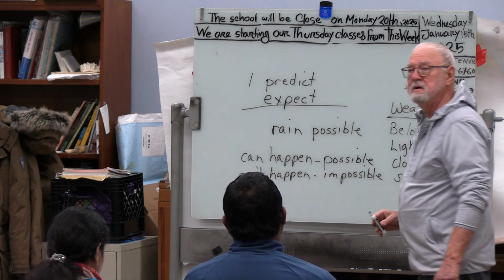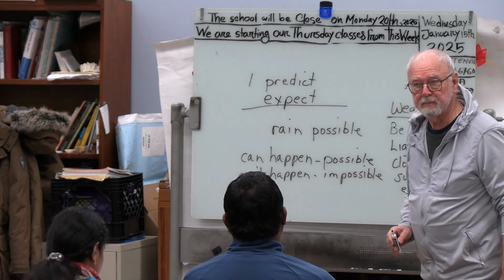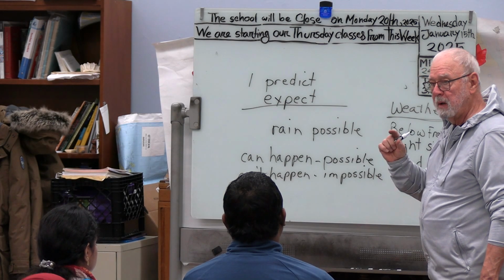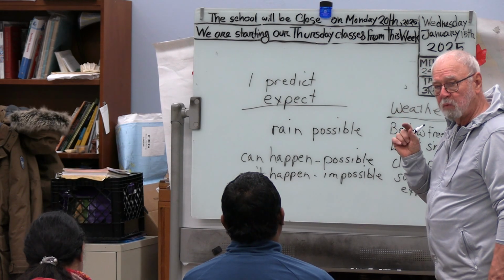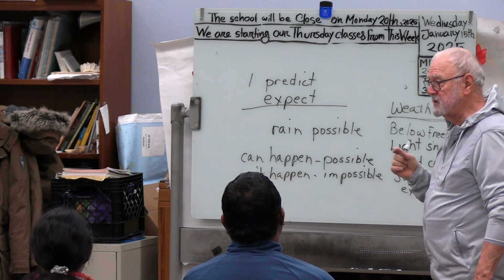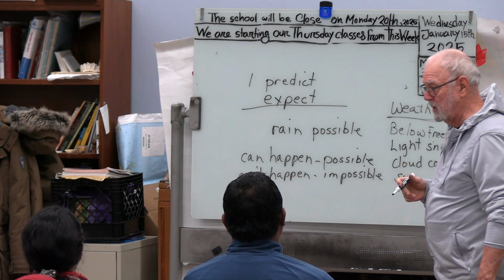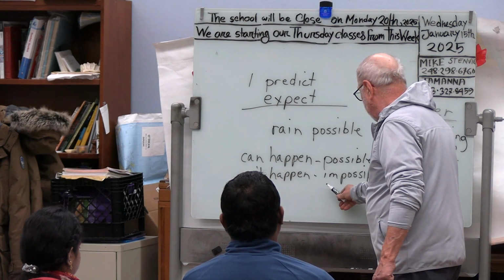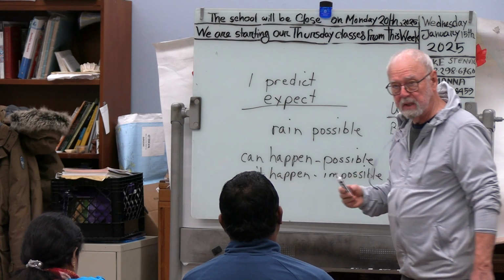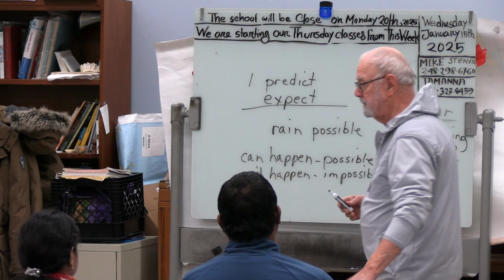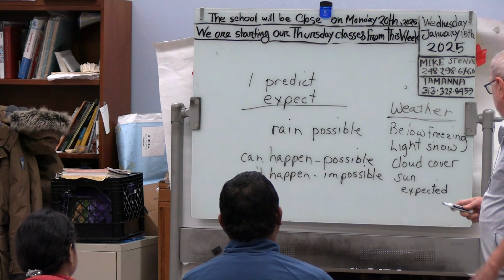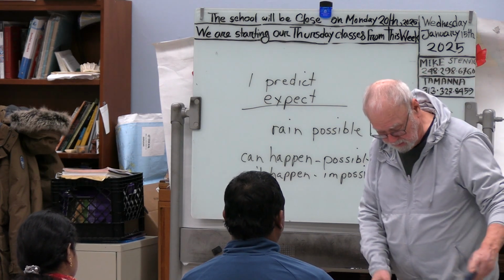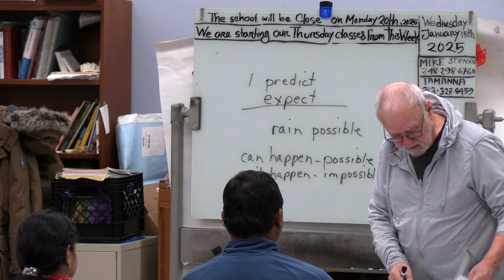This means not possible, impossible. So we have little pieces of words at the beginning and end that change the meaning. So we know un means not. In many cases, im does the same thing. Not possible.